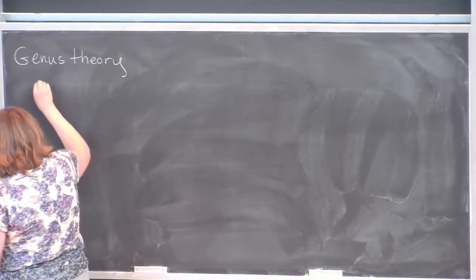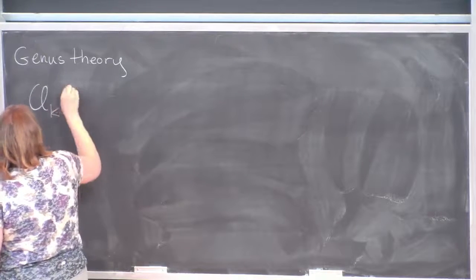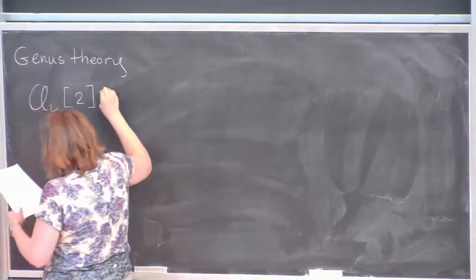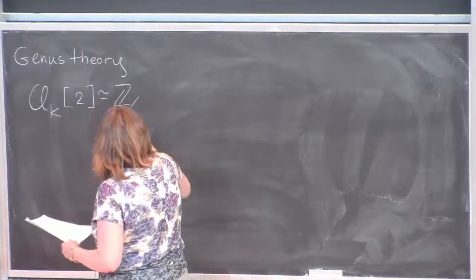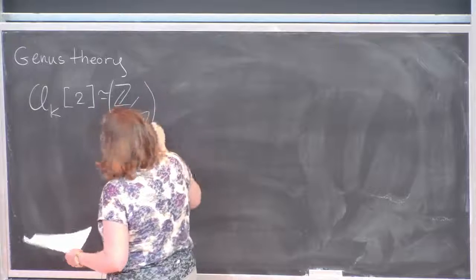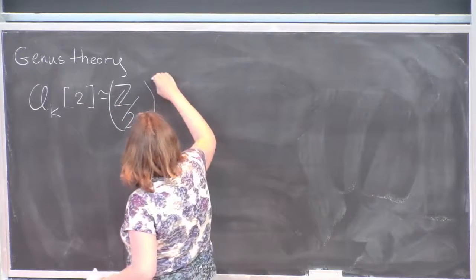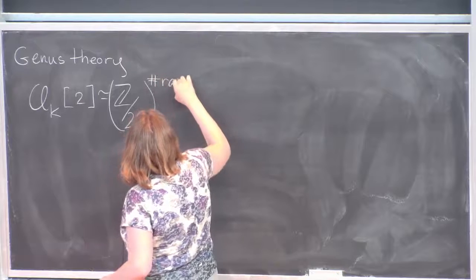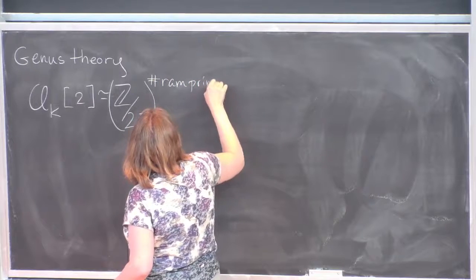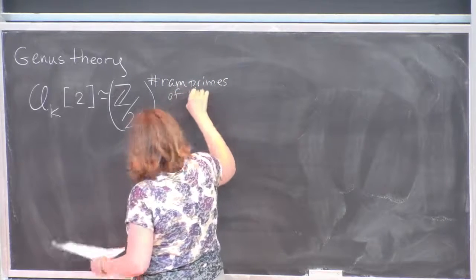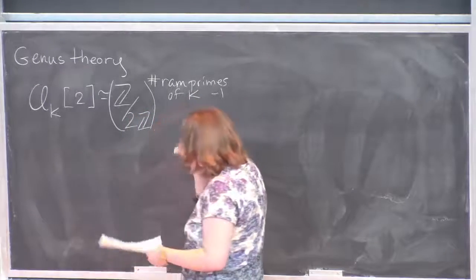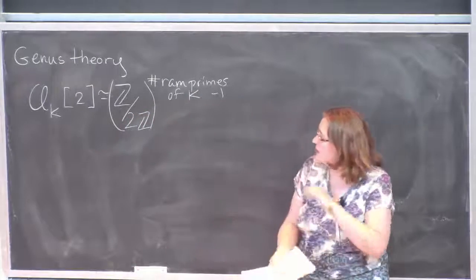So the two-torsion in the class group, the dimension there is basically the number of ramified primes, or primes dividing the discriminant, minus 1. So this is the number of ramified primes of K minus 1. And so then that becomes a pretty concrete thing.